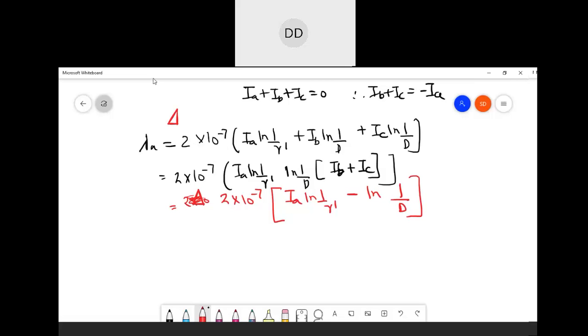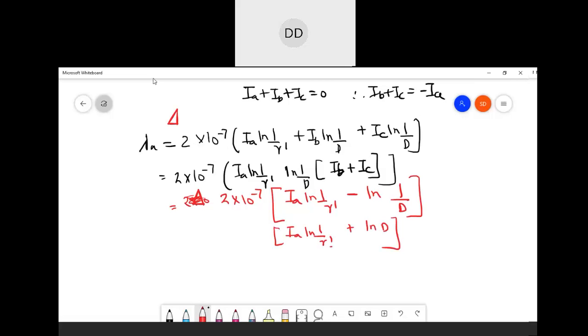So when we are getting this equation with Ia and minus Ia and ln of 1 by d, if I take this 1 by d up, the minus will become plus because it's in ln. So it will be Ia ln of 1 by r dash plus ln of d.